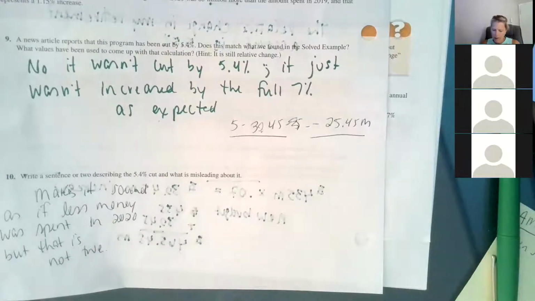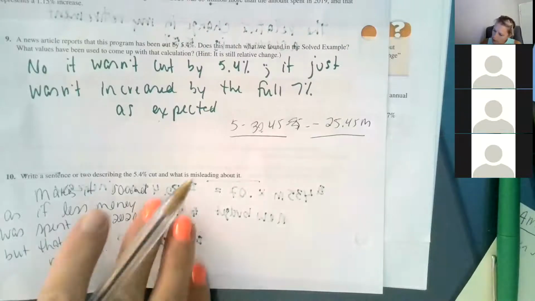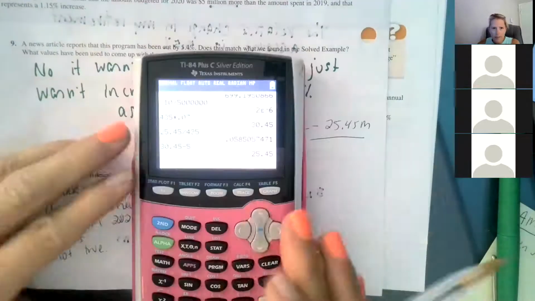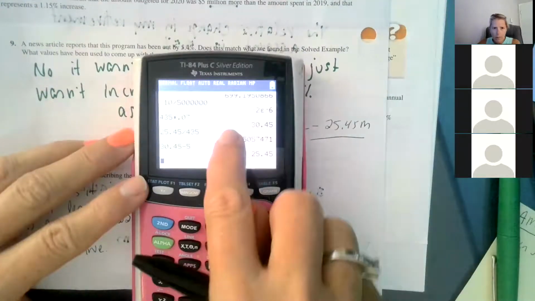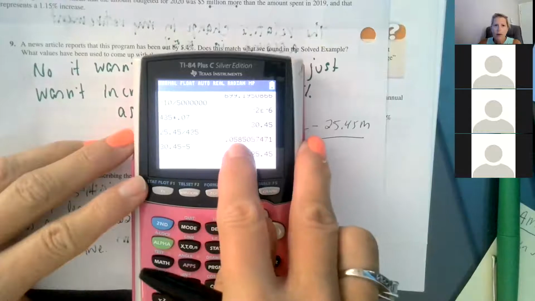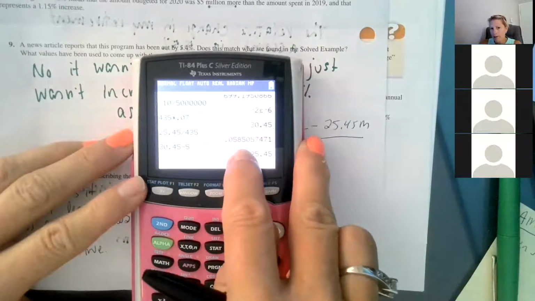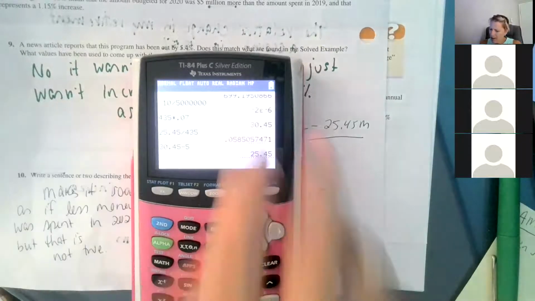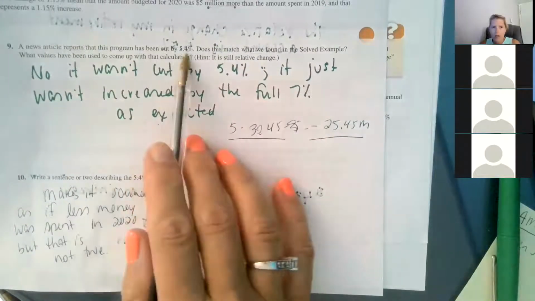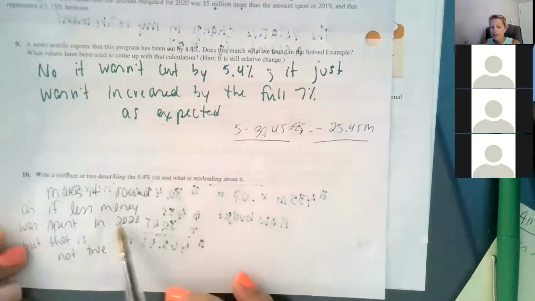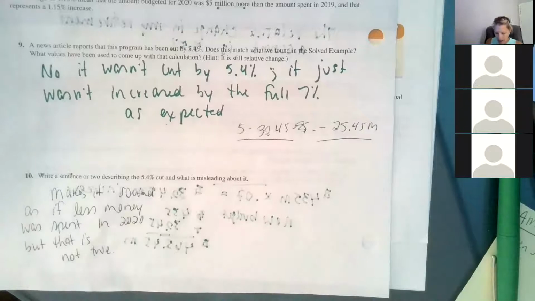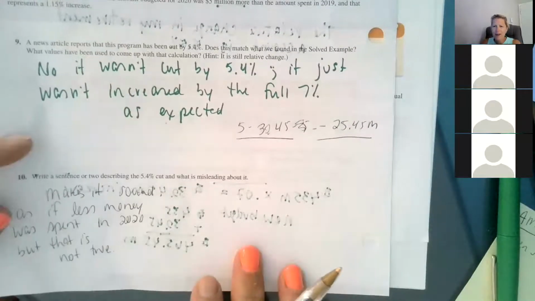So out of the 435 million, it looks like they shorted it by 5.8 or 5.9%. So I don't know where they're getting the 5.4, but it's misleading again because they did increase the amount of money, just not as much as what they had said they were going to. Right. Does that help, Kelsey?